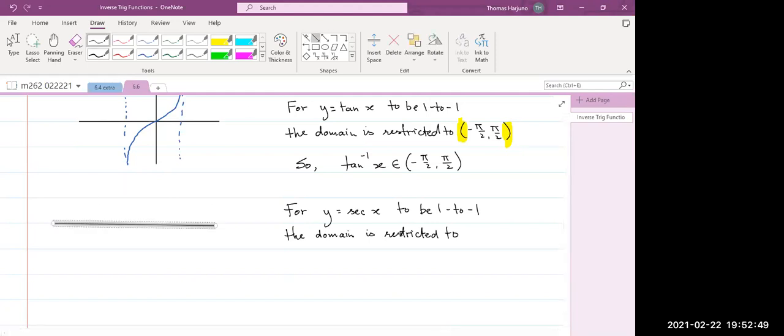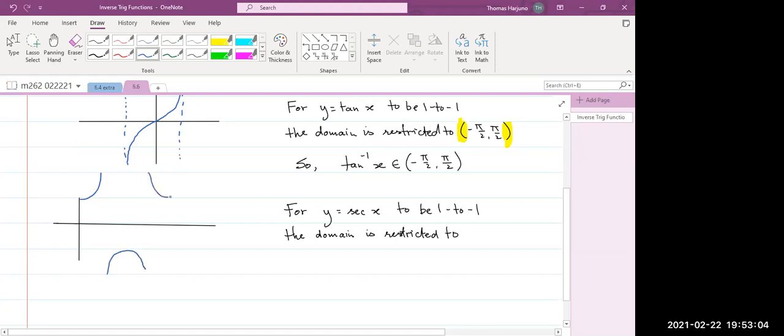The graph of secant x looks like this, with asymptotes at pi over 2 and 3 pi over 2.